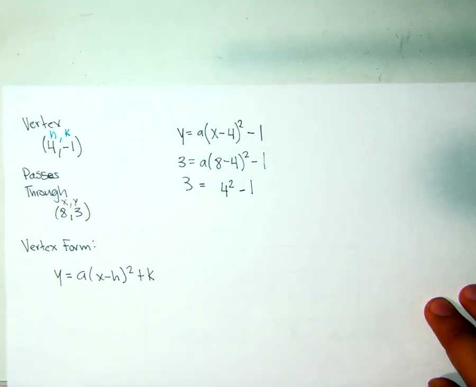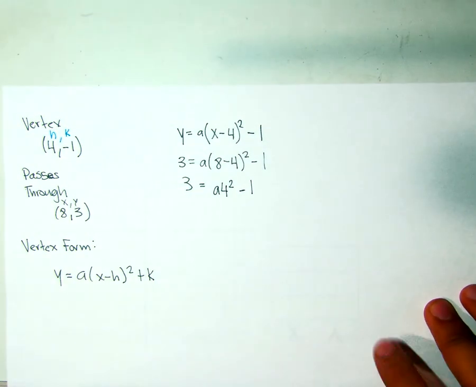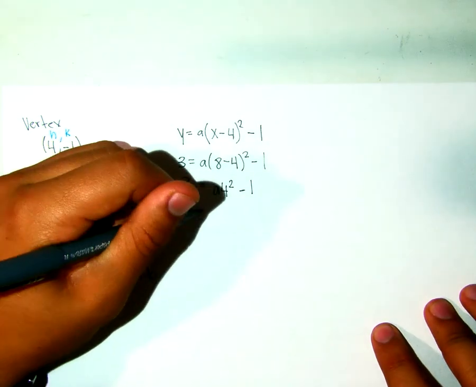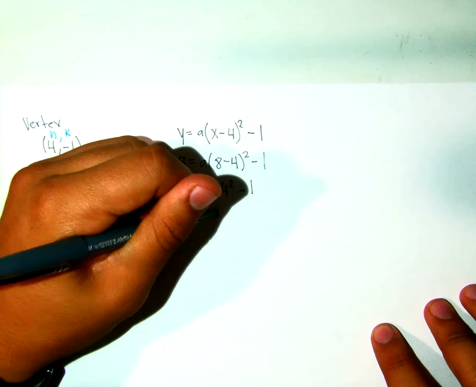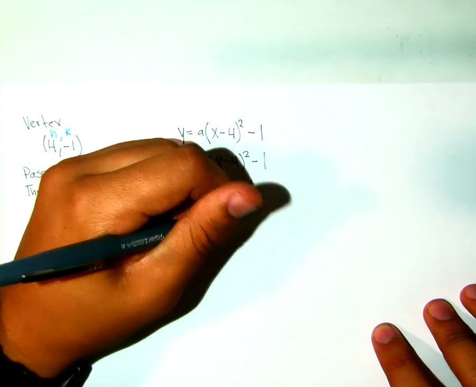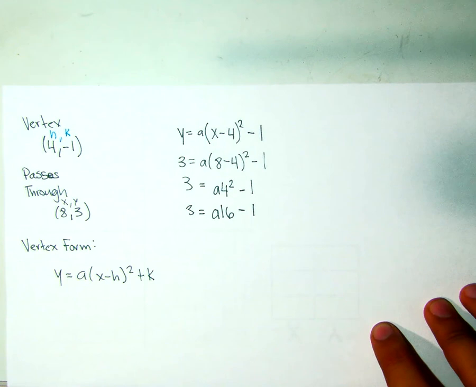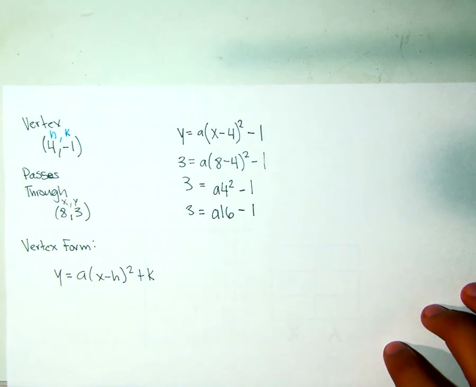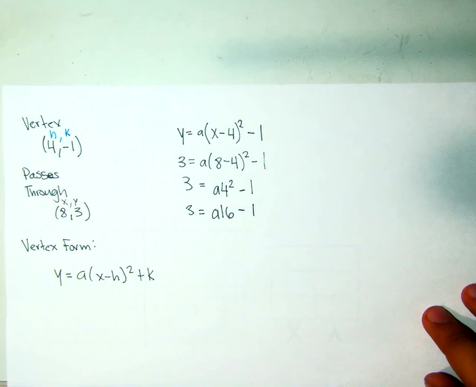So 3 equals a times 4 squared minus 1. And what's 4 squared? 16. Thank you. So what's the next step we do to solve for a?